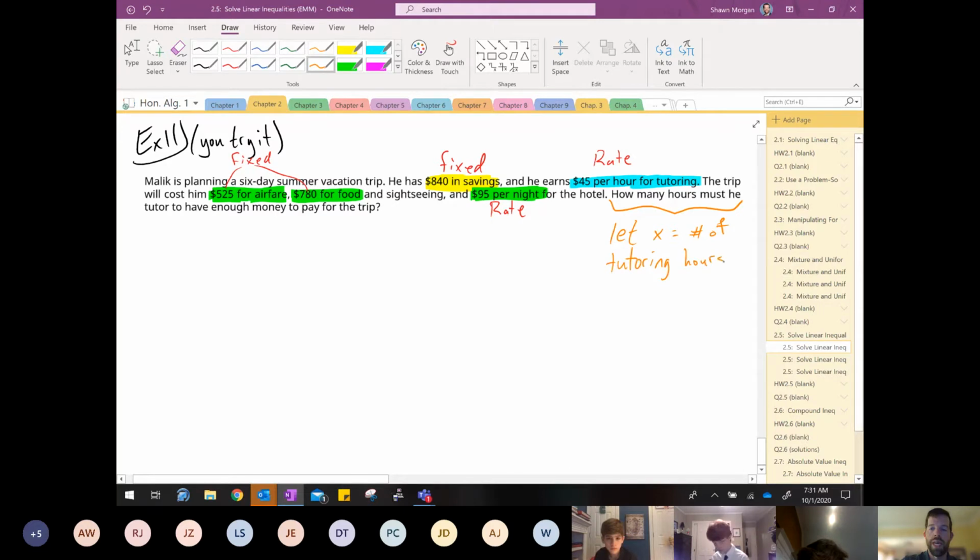That's step 1 and 2. And then that rate that we have, $95 per night, there's one other thing to consider, and that is that it's planning a 6-day summer vacation.